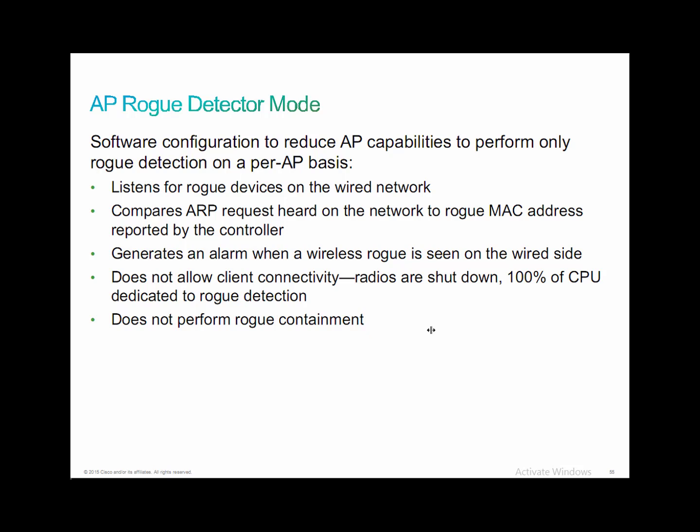APs in this mode can also be used in an area where the company doesn't want wireless access. You're placing the rogue detector into an area where there are no wireless clients and there are no wireless APs, but the whole concept of rogue is what?